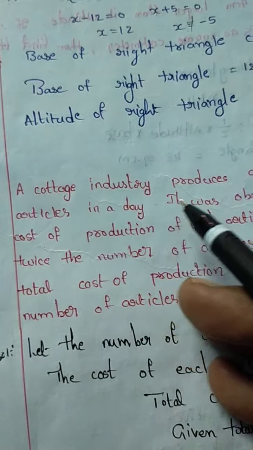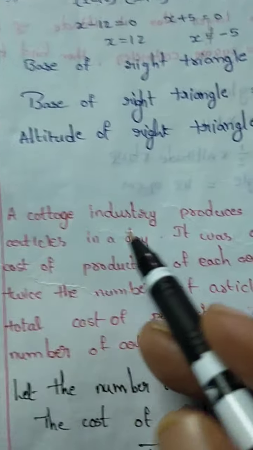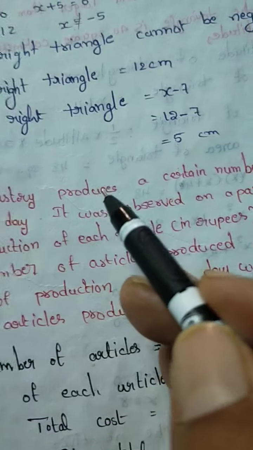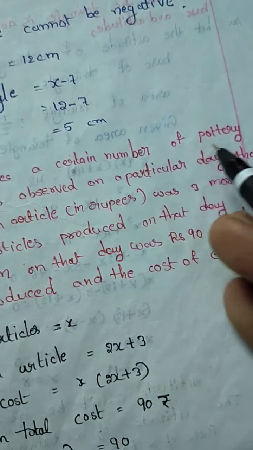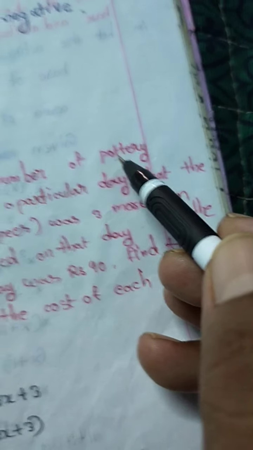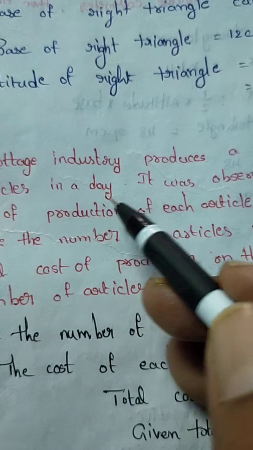A cottage industry produces a certain number of pottery articles in a day.